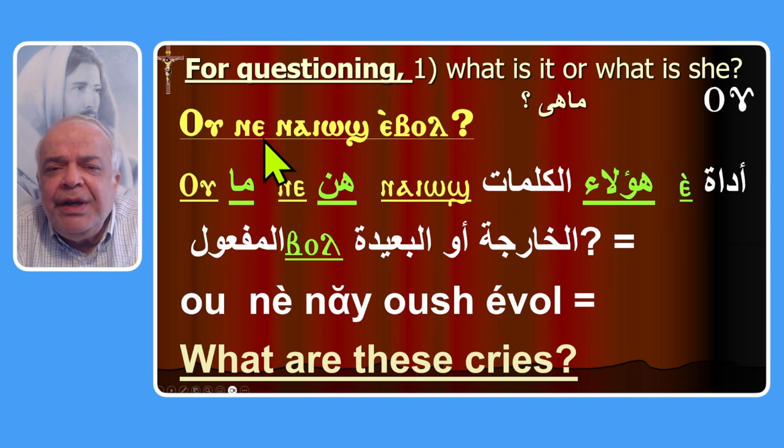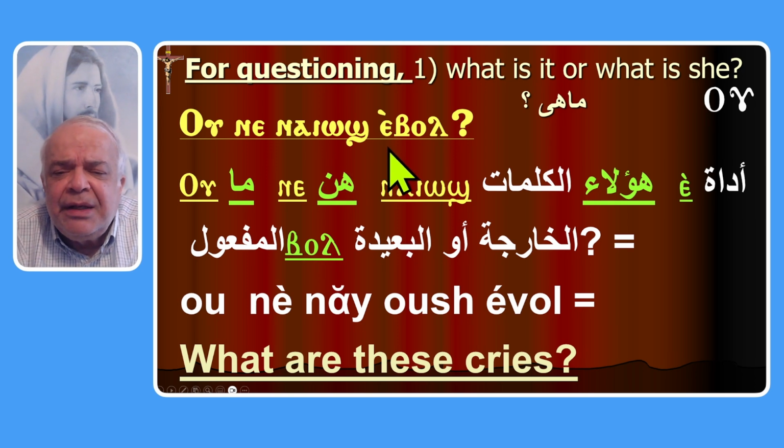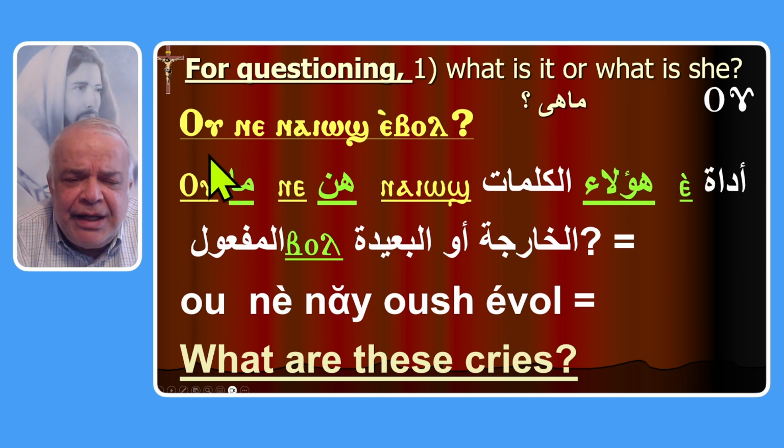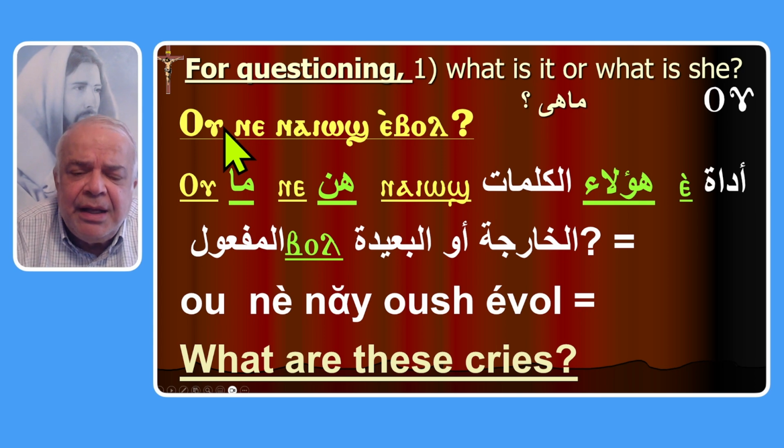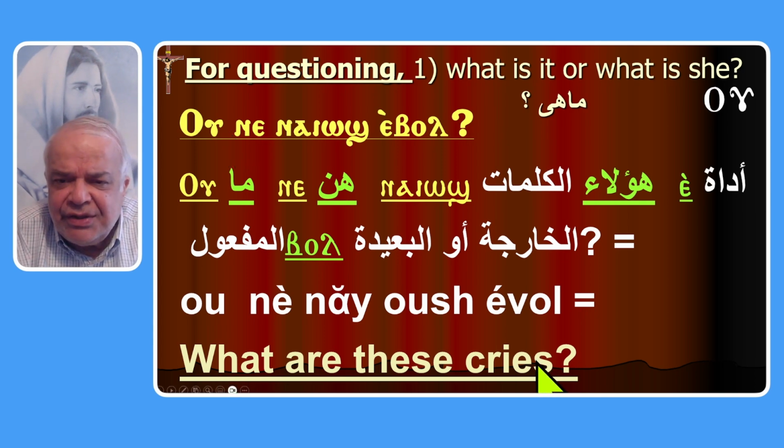So, o ne nai osh evol means what are these words coming from you, from whoever group of people. We took that as a kind of denial question. Again, it means we are not happy with the way these people are crying. So the expression in English, what are these cries?